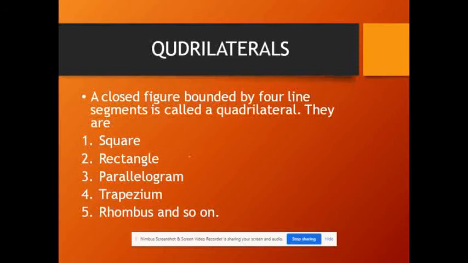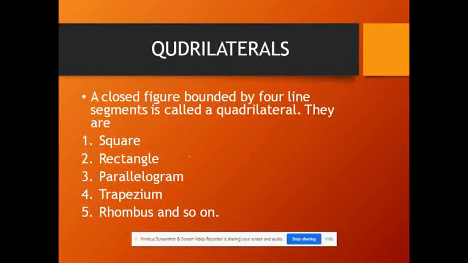Quadrilaterals. This is our topic. We are going to discuss this topic very clearly. So, quadrilateral: a closed figure bounded by four line segments is called a quadrilateral. See, a quadrilateral is a polygon if all its sides are connected by four line segments. A triangle is also a polygon, but it has only three sides.